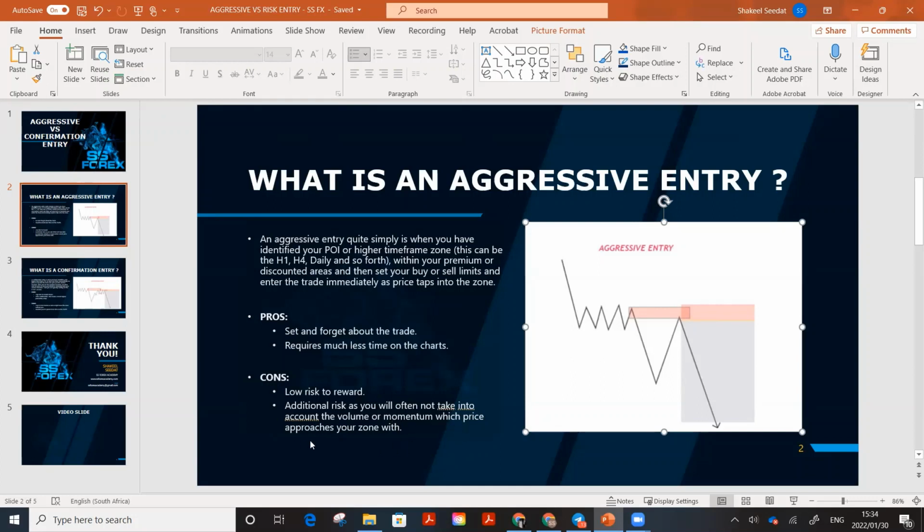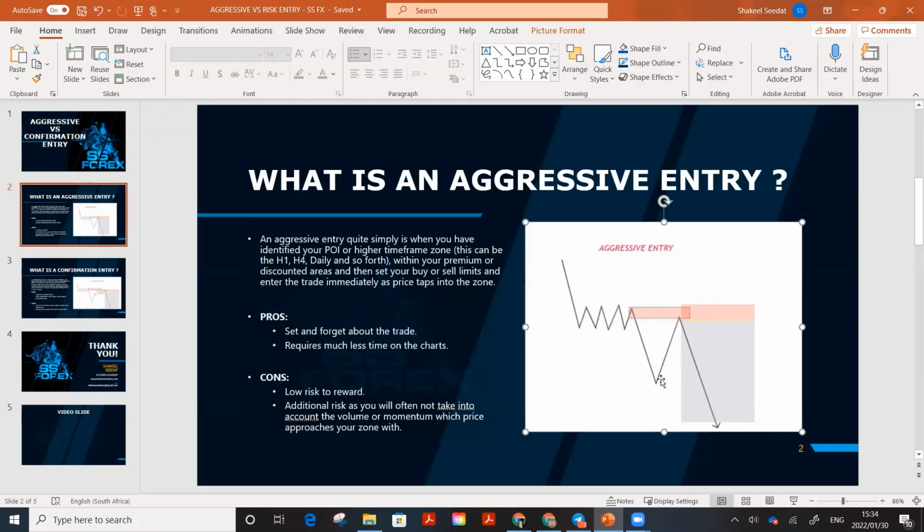Another con is additional risk, as you will not take into account the momentum or volume at which price approaches the zone. What we mean by that is, if you set a sell limit or buy limit based off a supply zone or demand zone that you see on the higher time frame, once price reverses and starts retracing back to your entry, the momentum in which it approaches that area is very important.